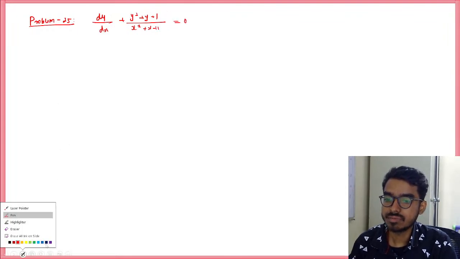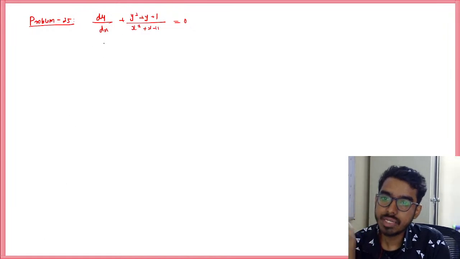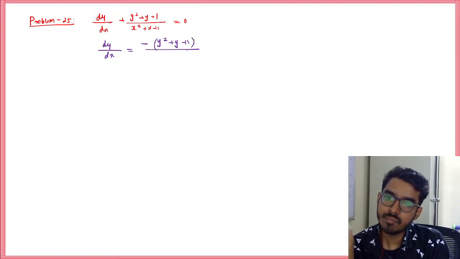Right? So we have dy by dx is equal to minus of y square plus y plus 1 divided by x square plus x plus 1, right?